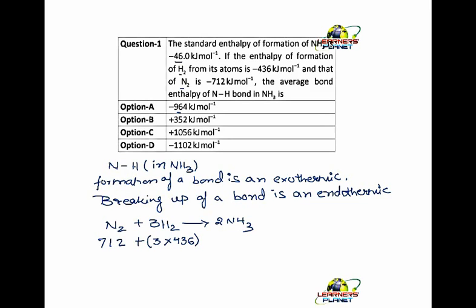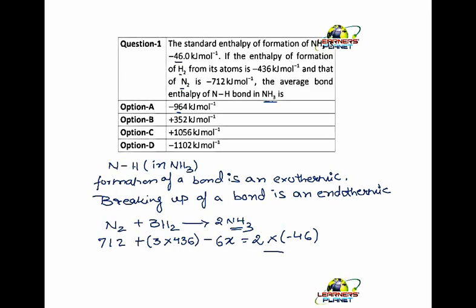Now, for ammonia you need to form bonds. How many NH bonds are there over here? 6 NH bonds are there. So it would be 6x, and that is equal to 2 into the enthalpy of formation of ammonia.